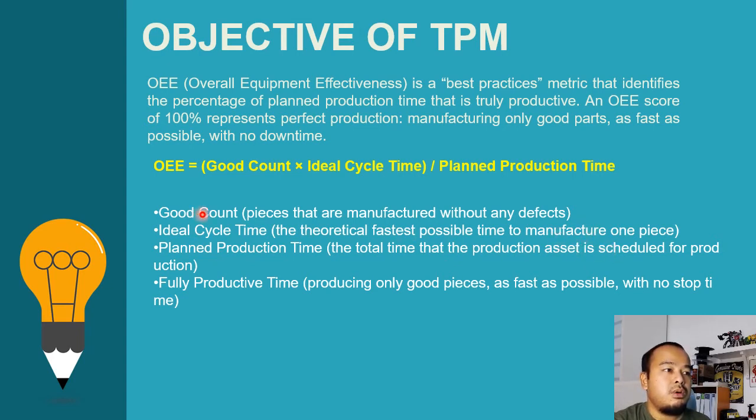So kalau more than the cycle time yang you dah set, maknanya is not ideal cycle time lah. Planned production time is the total time that the production asset is scheduled for production, and full productive time is producing only good pieces as fast as possible with no stop time. So that's the definition for each of these items. Okay, so for that you can calculate lah.